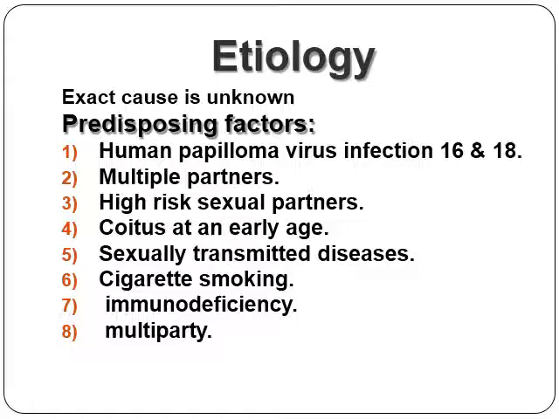Predisposing factors to premalignant conditions or CIN, cervical intraepithelial neoplasia, are the same predisposing factors to cancer cervix. The main factor is the infection, HPV, human papillomavirus type 16 and 18. This is the main etiological factor for cancer cervix and for premalignant conditions.